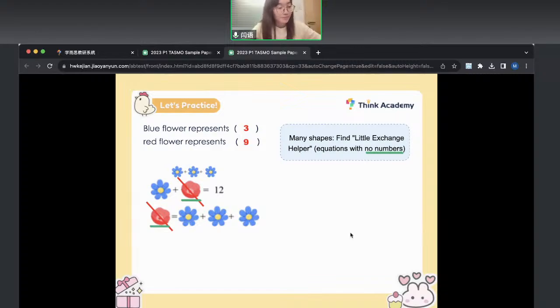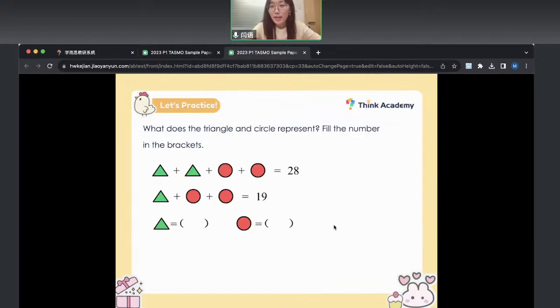Okay. Now let's move on to the last one. What do the triangle and the circle represent? Fill the number in the brackets. Okay, again, everyone, I give you some time. Try to figure out what is the value of the triangle and what is the value of the circle.